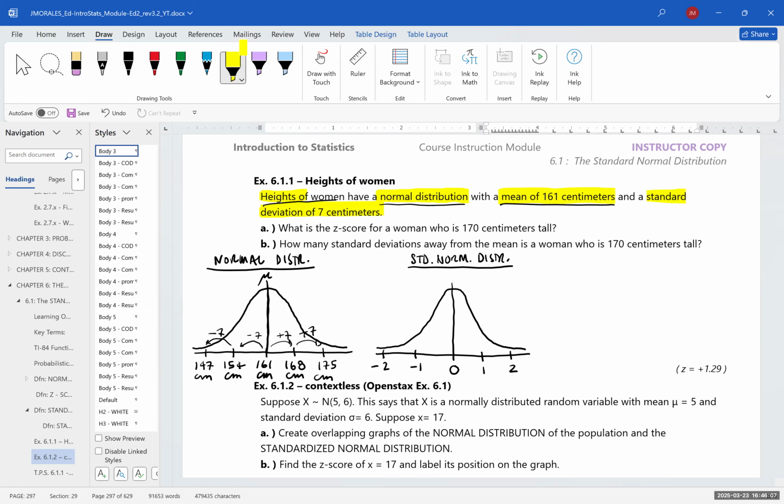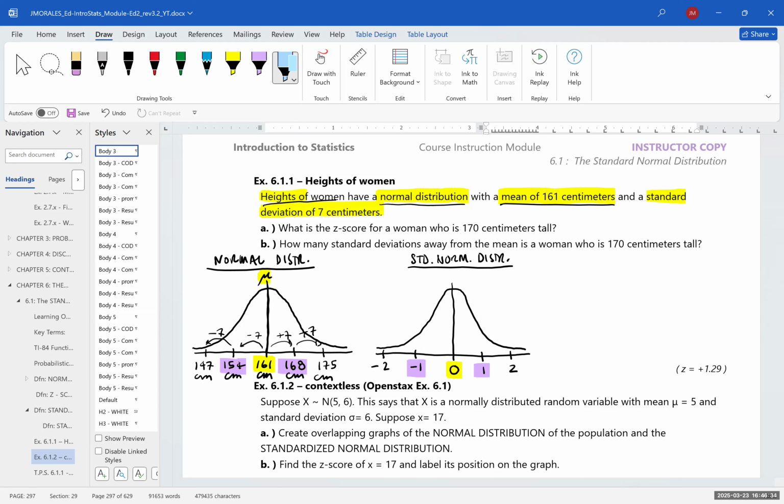First of all, our z-score of 0 correlates to our mean of 161, which is at the center. And when we went 1 standard deviation above and 1 standard deviation below, that correlates to 1 standard deviation above and 1 standard deviation below.